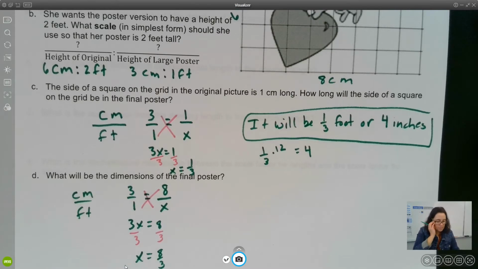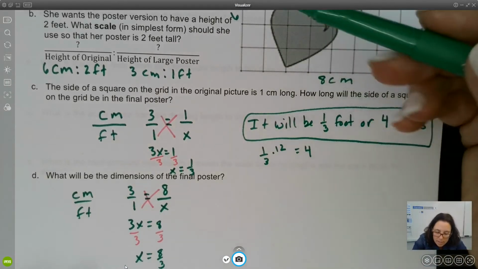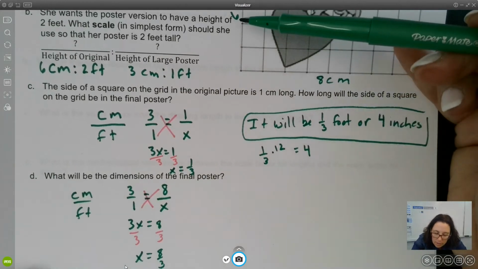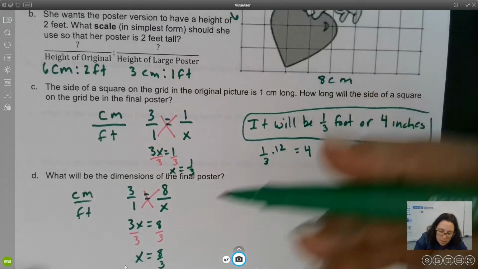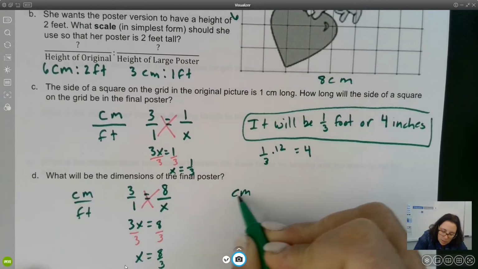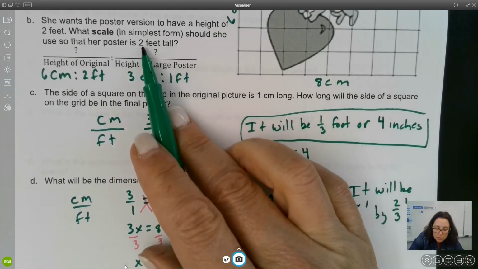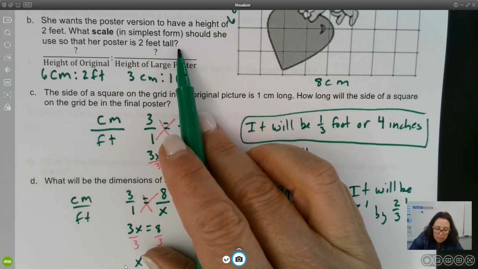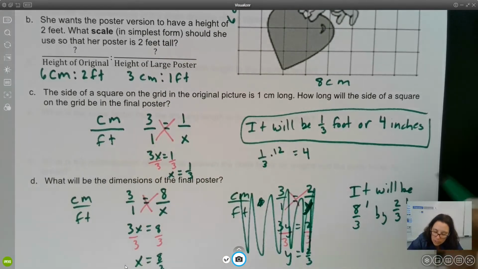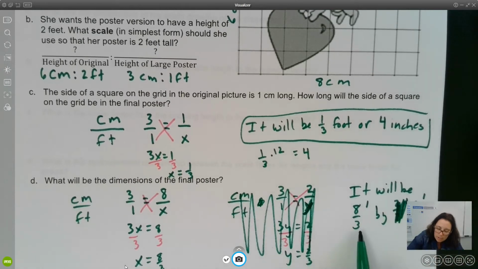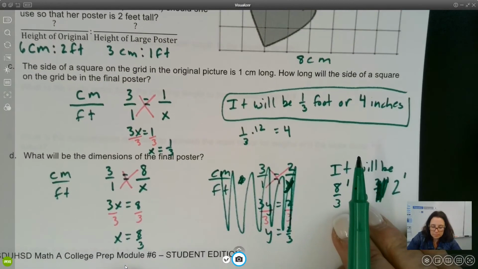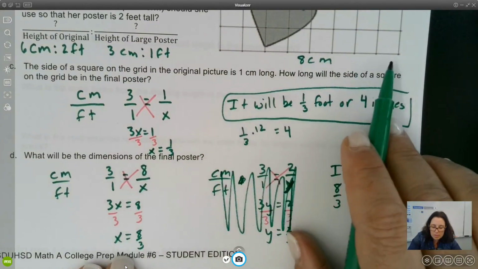Okay, and then let's go ahead and find 6. Okay, 6 centimeters. So centimeters over feet. Not need to do this because they gave us the 2 feet tall back here. Okay, they gave us the 2 feet tall. So we just had to find out this down here, this 8/3 for this distance.